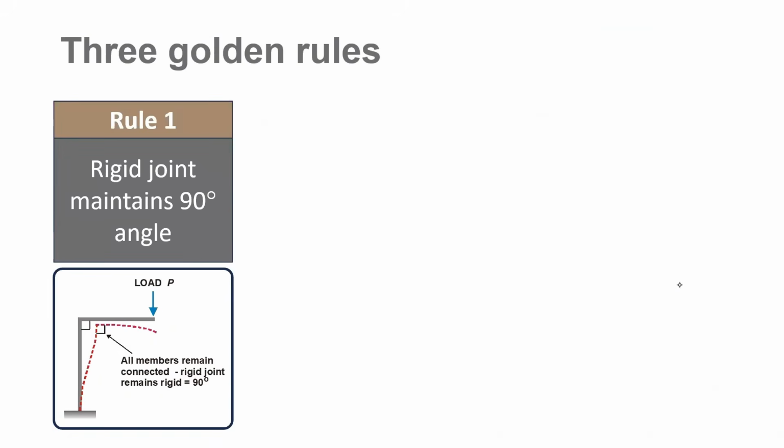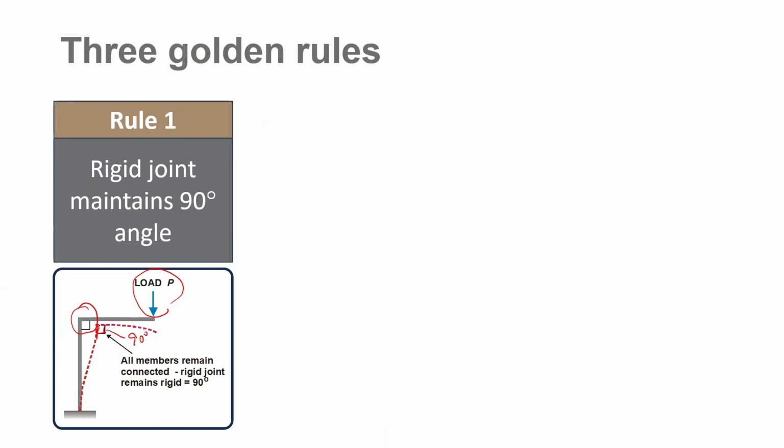For solving the question, I will be applying these three golden rules. The first rule is rigid joints will remain at 90 degree. For example, there is a rigid joint over here. When you are applying load at the tip, the 90-degree angle, which is here, does not change at all.